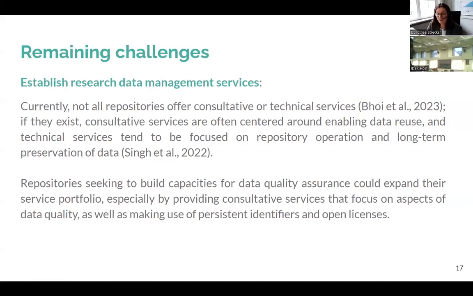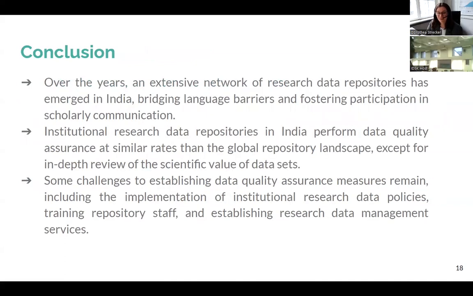And another thing I would also like to highlight here is that the use of persistent identifiers and open licenses are also really important to ensure data quality and for other aspects as well. I think Jiban might talk about this a little more in his talk on FAIRness and research data repositories later.